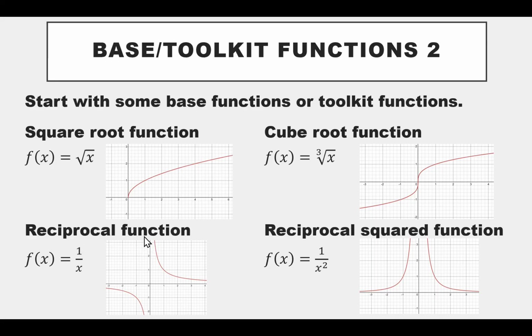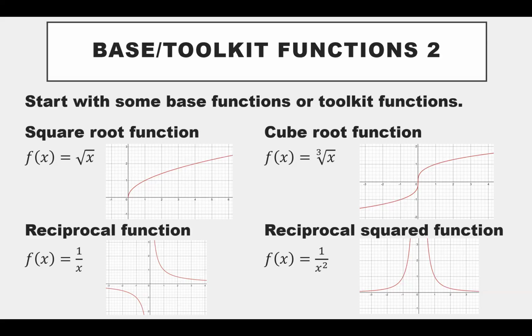The base reciprocal function is 1 over x. As you move to the right, it approaches the x-axis. As you move to the left in the first quadrant, it approaches the y-axis. As you move to the left in the third quadrant, it approaches the x-axis. As you move towards the right, it approaches the y-axis in that third quadrant.